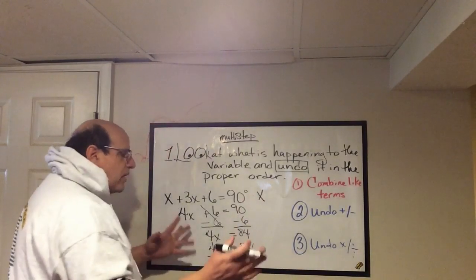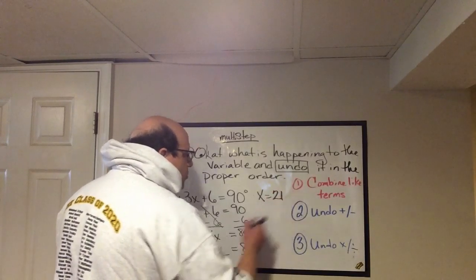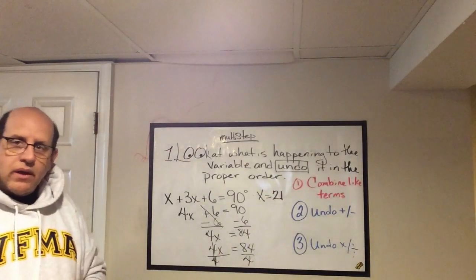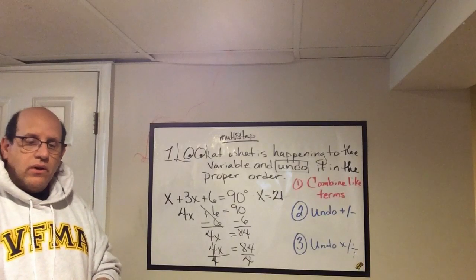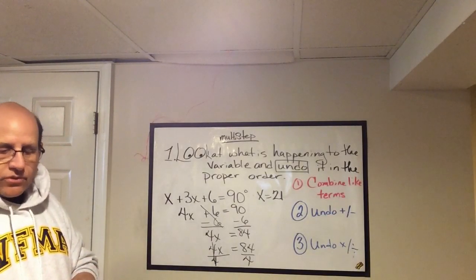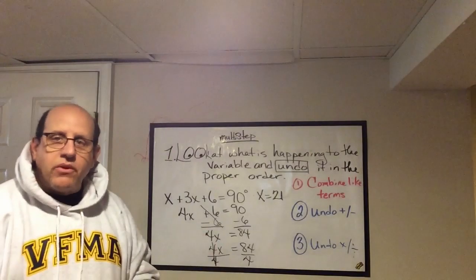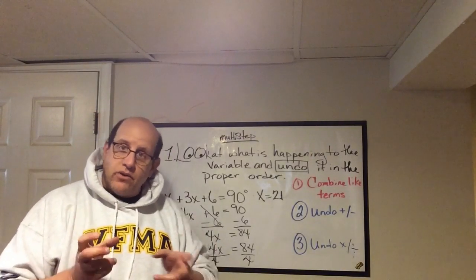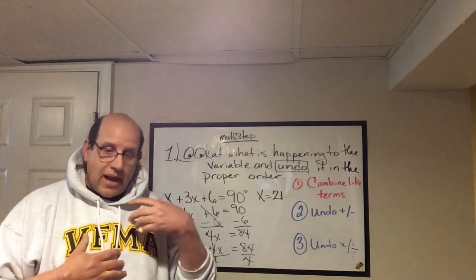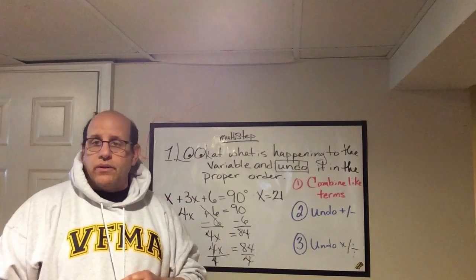And 84 divided by 4, believe it or not, and you already found it, is 21. And that's it. Those are the real interesting or difficult or regular types of equations that you're going to find in your geometry class, in our geometry class that we're going to get through for the rest of the year.